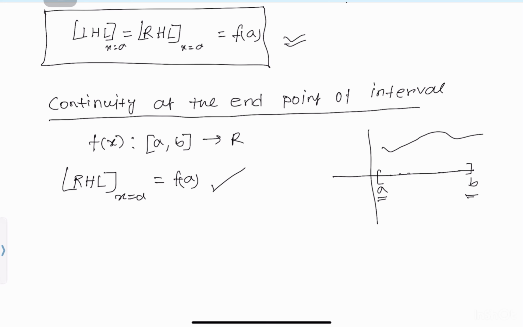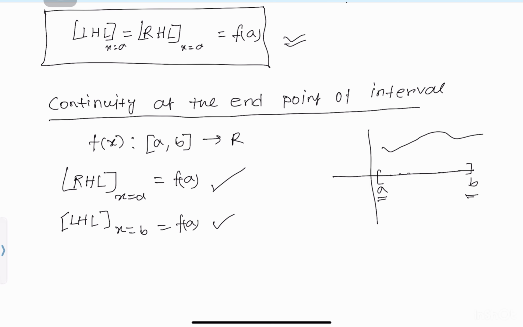No need to check the left hand limit at a. In the same way for b, you have to check only the left hand limit at x equal to b. If this is equal to f of b, then the function is continuous at point b. Clear?